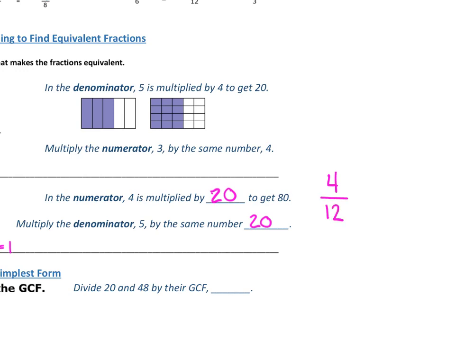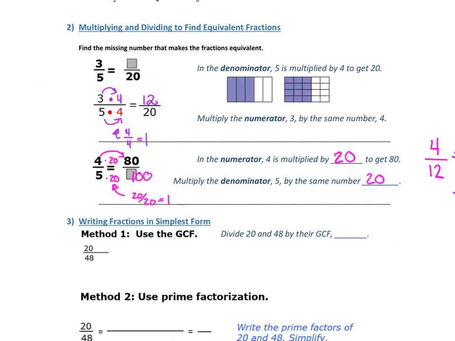Well, I could divide those each by 2, or I could divide them each by 4 to get a new and equivalent fraction. So if I use division by 2 here, I would get 2/6. If I use division by 4 down here, I would get 1/3. And those are 2 equivalent fractions to my original fraction of 4/12ths.